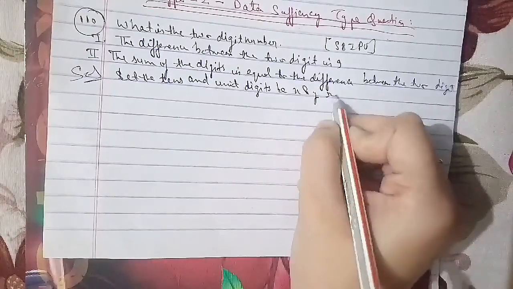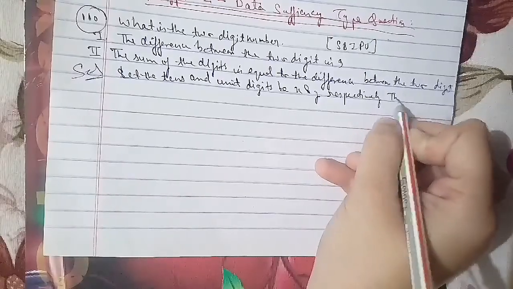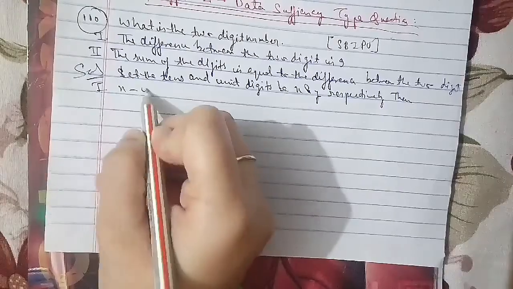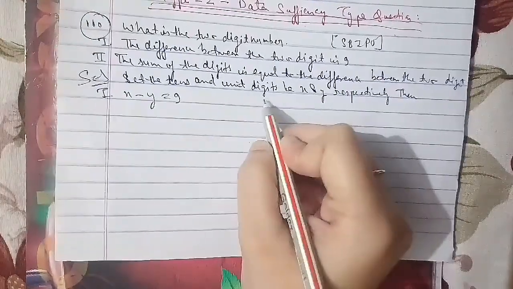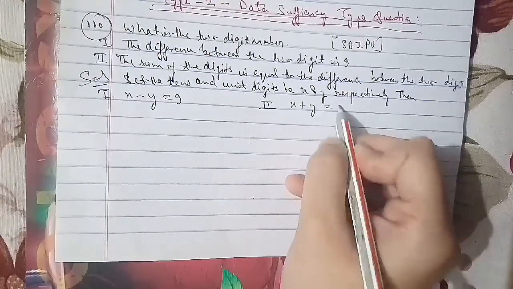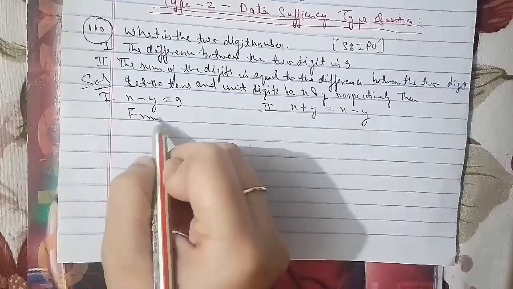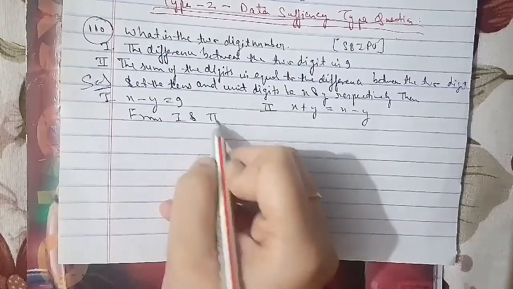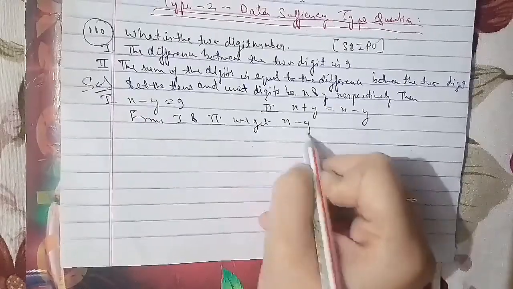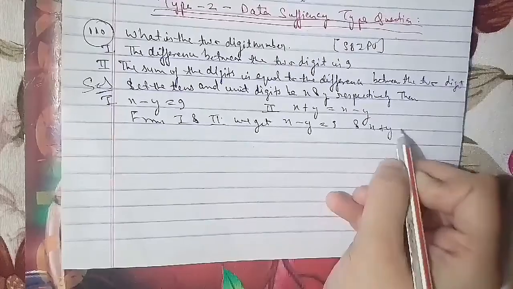Then according to the first statement, x minus y equals 9, and according to the second statement, x plus y equals x minus y. So from 1 and 2 we get x minus y equals 9 and x plus y equals 9 as well, because x plus y equals x minus y and x minus y equals 9.